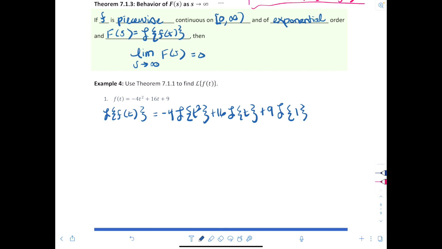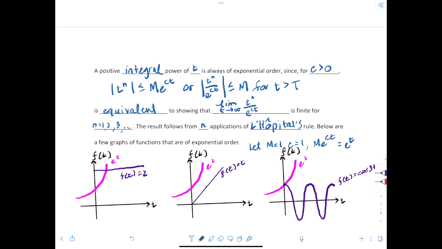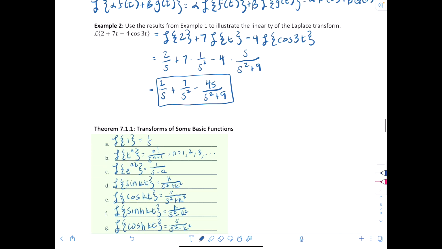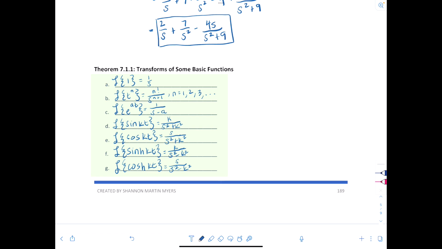And then using our list here, L of t to the n is n factorial over s to the n plus 1. So our n is 2. So we'll have 2 factorial over s to the 2 plus 1.